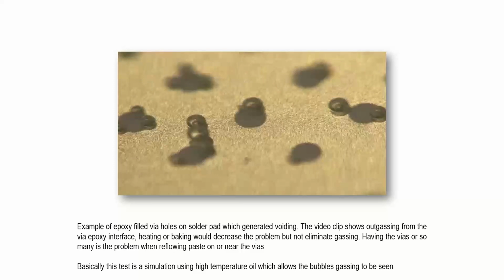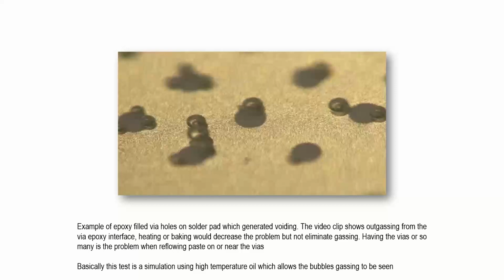So potentially there's where gassing could occur. And this is 9 times out of 10 moisture in the printed circuit board. So reducing moisture content through experiments with different baking times and regimes and temperatures may be a way of reducing the problem. But inevitably, all boards have some level of moisture in.